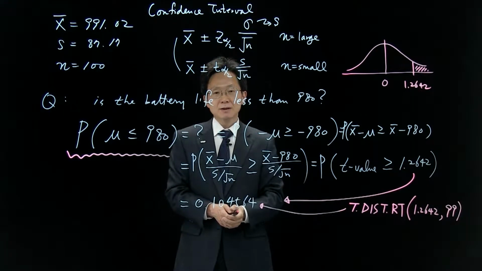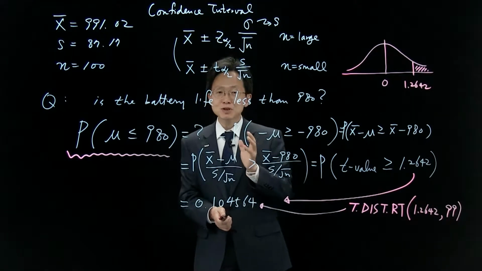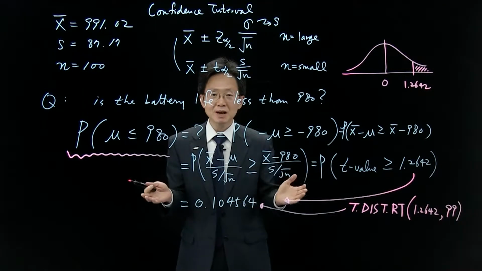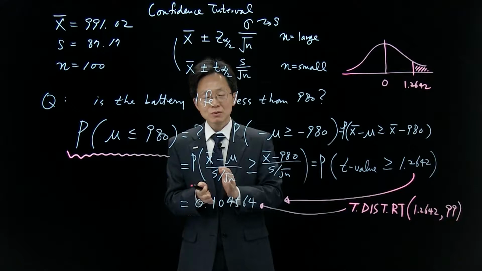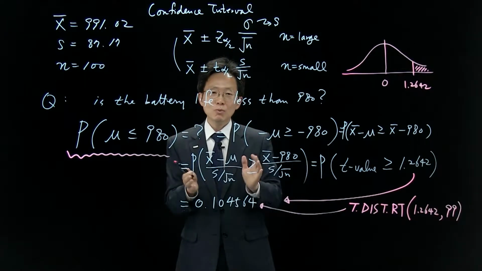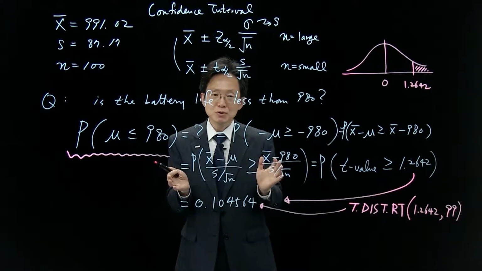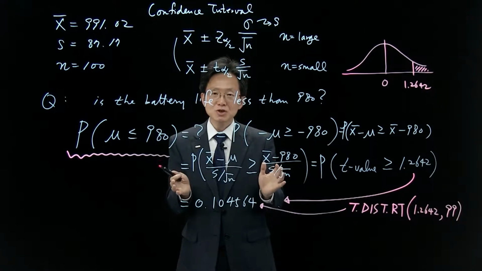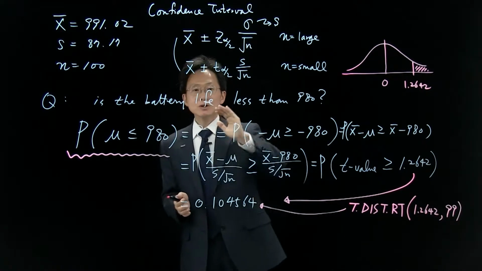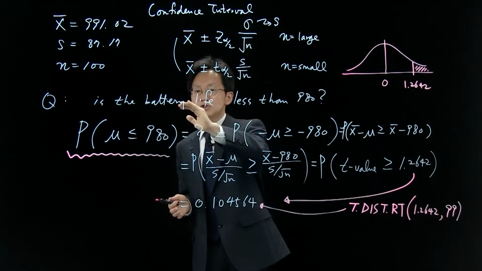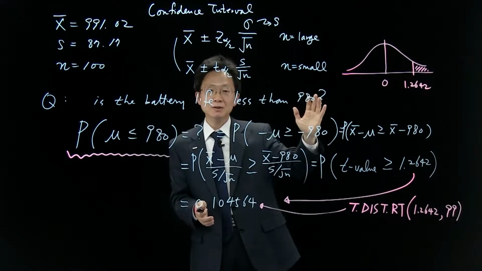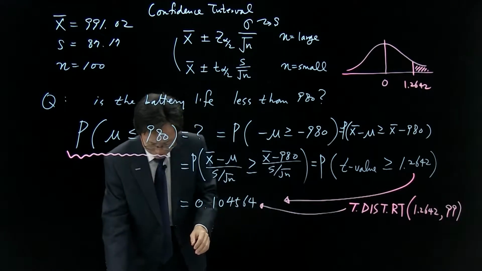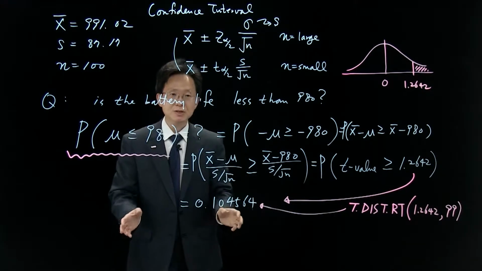Then you have to judge whether 10% is big enough or small, or whatever level you believe it is, in terms of making your decision about whether you want to say that the true battery life is less than 980 or not. That issue is pretty much related to hypothesis testing.